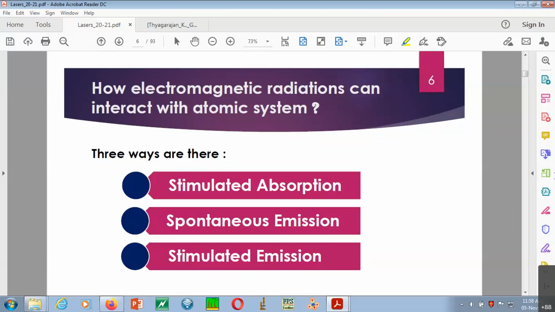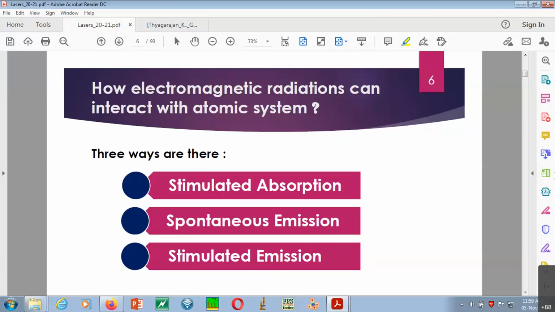See, the purpose is, if I need to get laser light, laser light is generally emitted whenever the transition happens from a higher level to a lower level. To reach the higher level, we need to provide some energy to the ground state particle so that it can absorb it and reach the upper level.